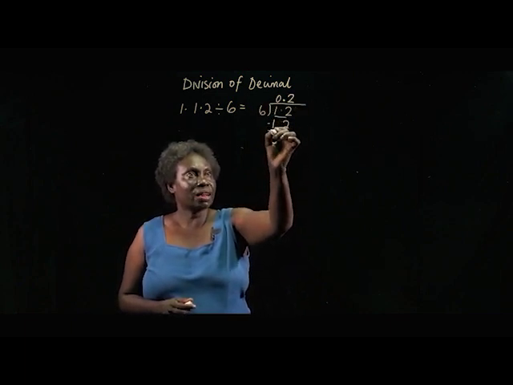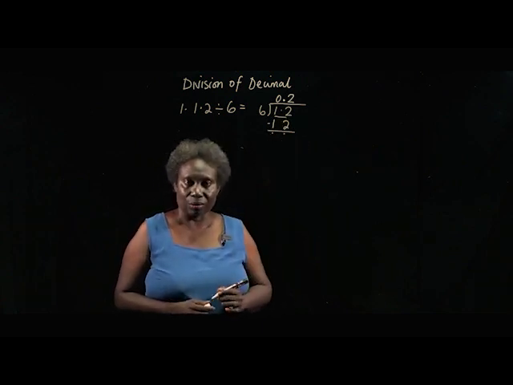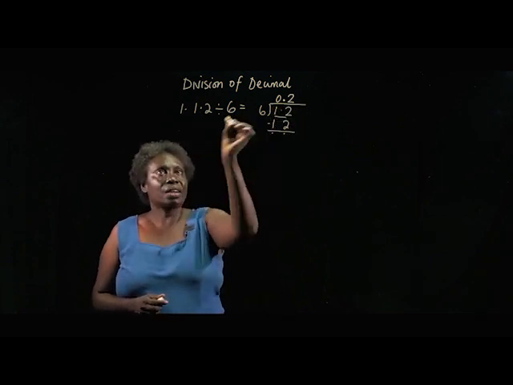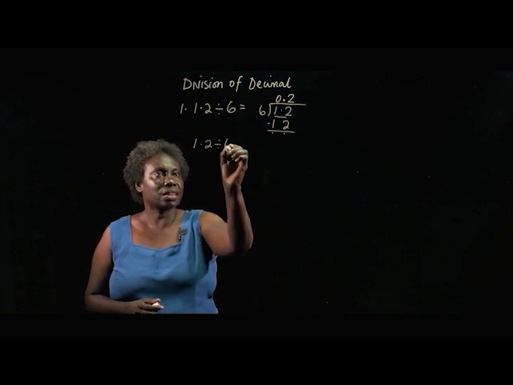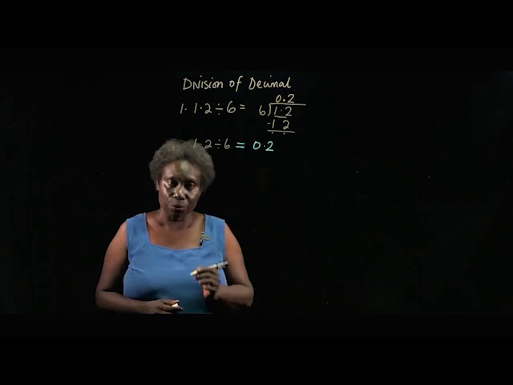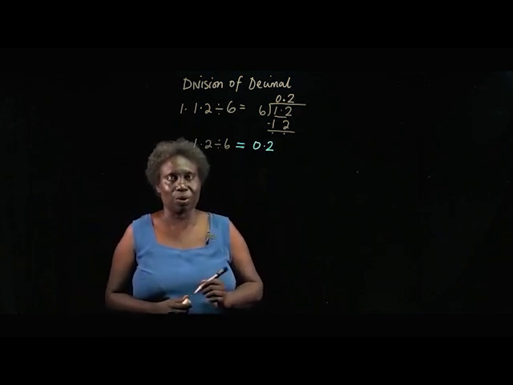We subtract and they cancel out. So, the answer for our division 1.2 divided by 6 is equal to 0.2. Okay. Let's go to the next example.